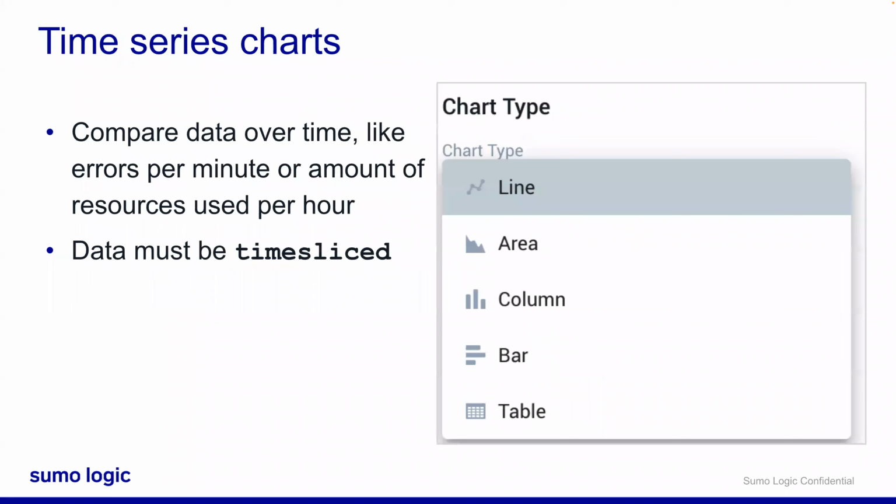Now, another type of chart is going to be time series. The time series charts are going to allow you to show a panel of graph of data over time. So then what's going to happen here is that your query in a time series chart is going to need to be time sliced if it's derived from logs. Where the time slice is going to be important is it's going to allow you to take your data and look at it granularly, like it says, per minute.